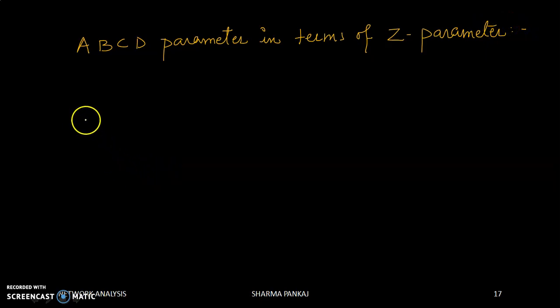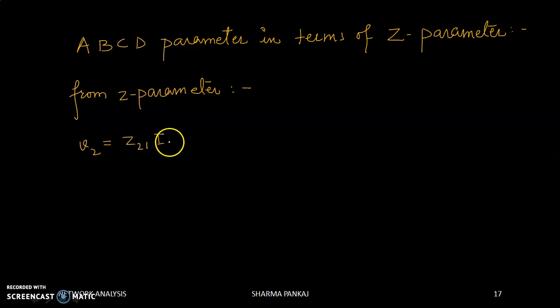Now we know the Z parameter equations. From the Z parameter equation, we know that V2 is equal to Z21 I1 plus Z22 I2.